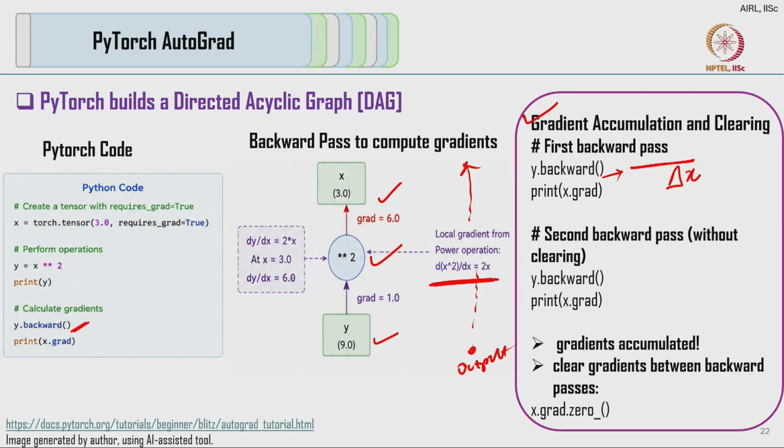Now when we do a second backward pass, this delta x would contain the value of the old and the new update, which is why we always perform zero grad. After the backward pass is performed, we make the delta x as 0 and then perform the step. So it is forward pass, backward pass, clean up the gradients, repeat.